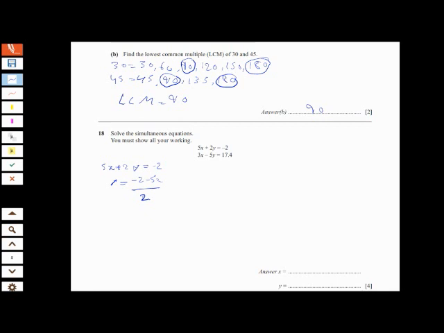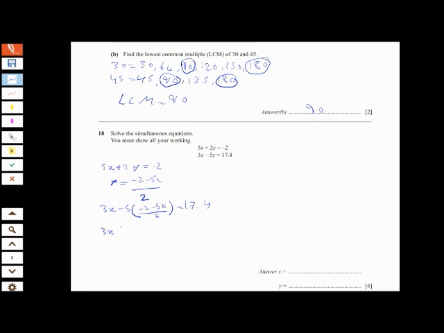Now substitute y in the second equation: 3x minus 5, and then you put in our y, equals 17.4. So expand the bracket.